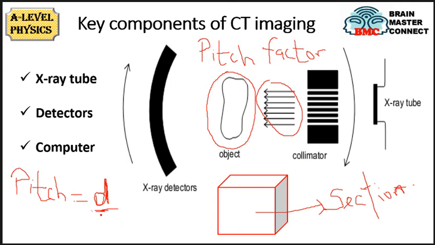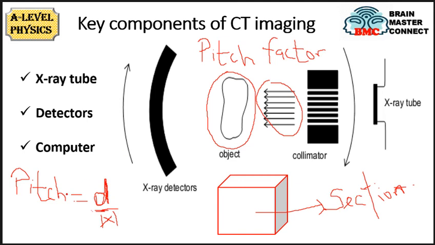I'm going to use W for that, beam width. So that is the mathematical relationship between the pitch factor, the distance of body per rotation or revolution, and the beam width or thickness.